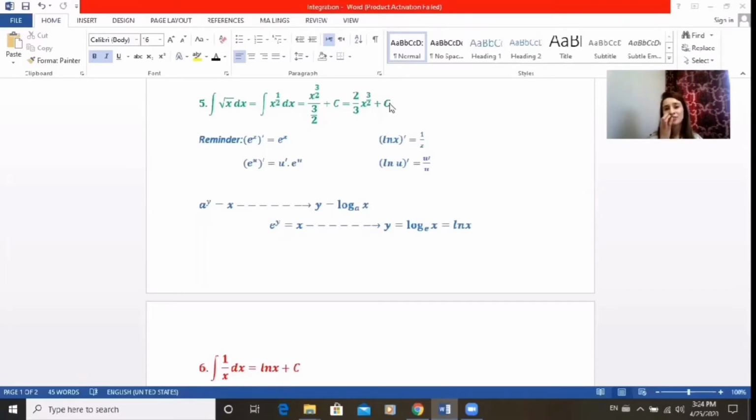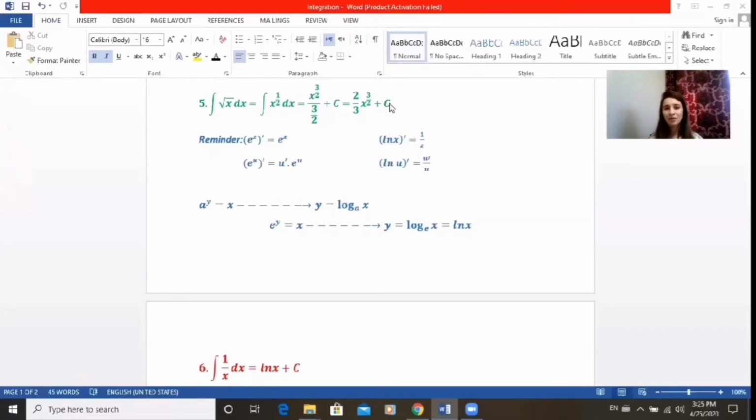Now we will move to something that we have taken before about exponential and natural logarithm. About the log in general, we will not talk about it, just about the natural logarithm. Before we start with the integration, let's review the derivatives for exponential and logarithm.